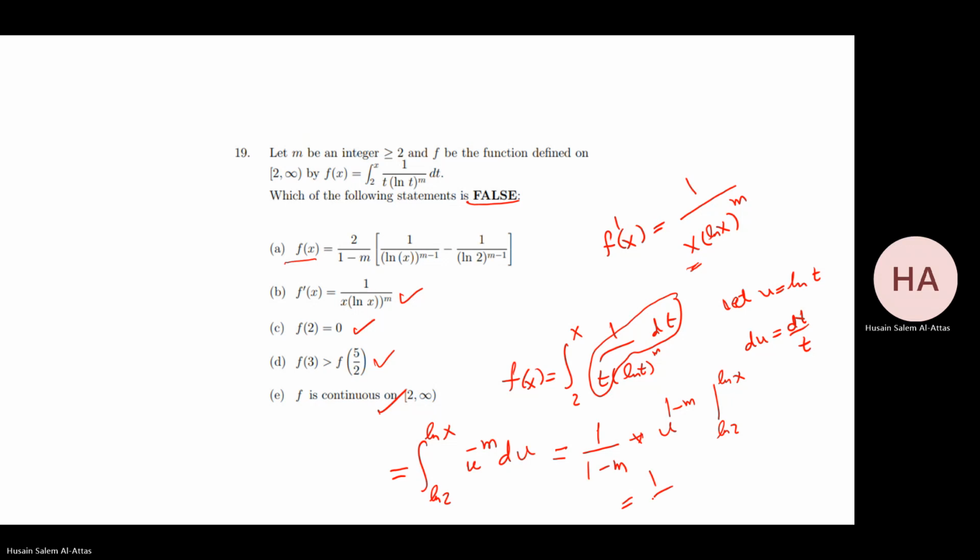So that will be 1 over 1 minus m times, I can write it 1 over ln x to the power m minus 1, minus 1 over ln 2 to the power m minus 1. But it's not 1. I wrote it 2. So there is a mistake here.